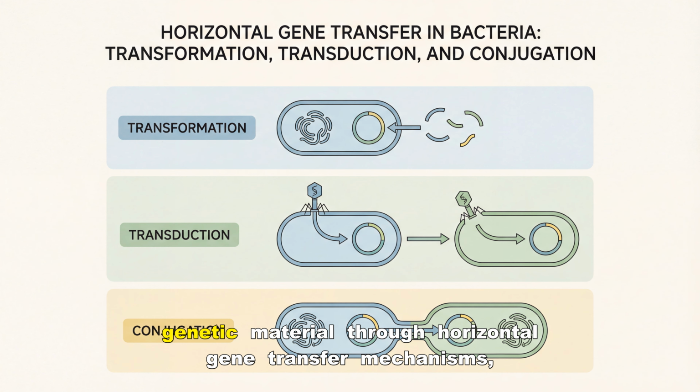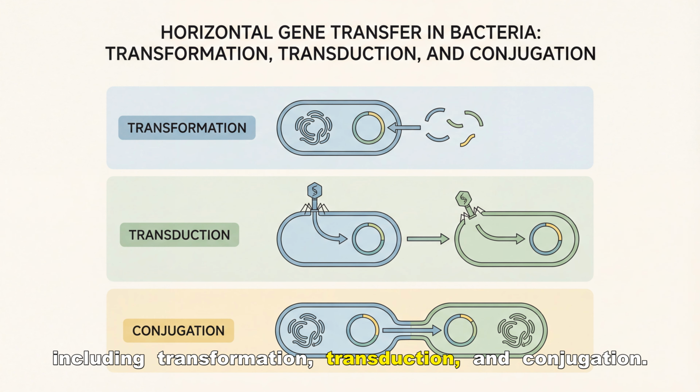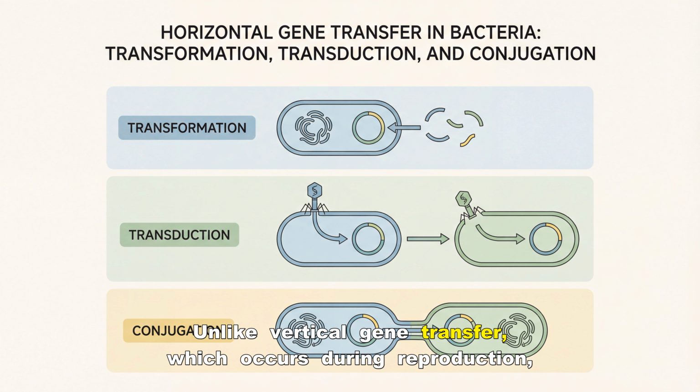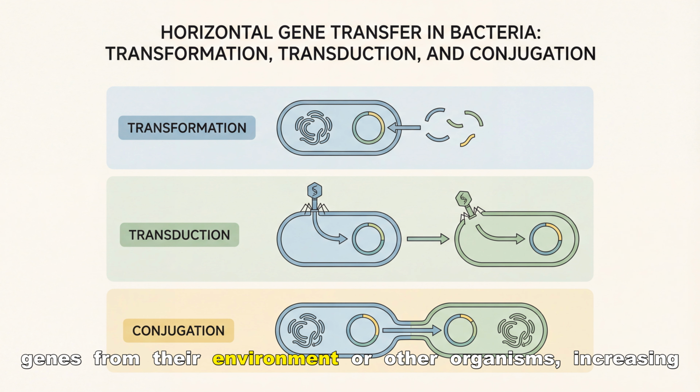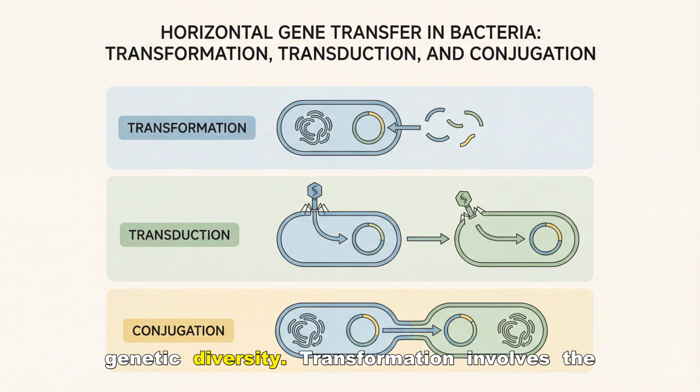Bacteria can exchange genetic material through horizontal gene transfer mechanisms, including transformation, transduction, and conjugation. Unlike vertical gene transfer, which occurs during reproduction, horizontal transfer allows bacteria to acquire new genes from their environment or other organisms, increasing genetic diversity.